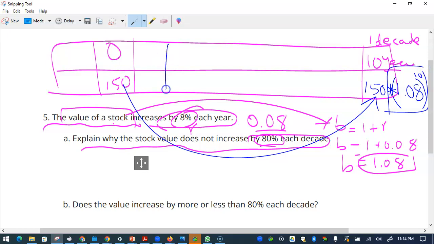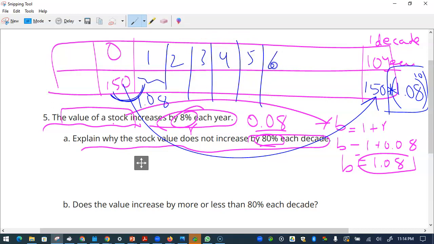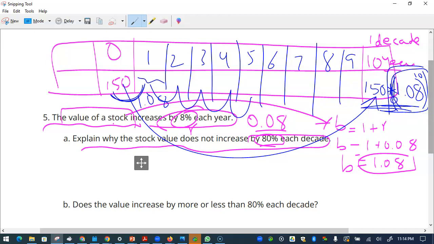So every year, from 1 year to the next, you multiply by 1.08, right? You go on multiplying 2, 3, 4, 5, 6, 7, 8, 9, and then you multiply 1.08, 1.08, 1.08, 10 times, so you get that answer. And this will be the factor.